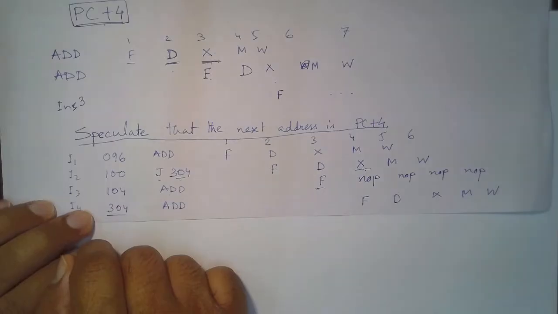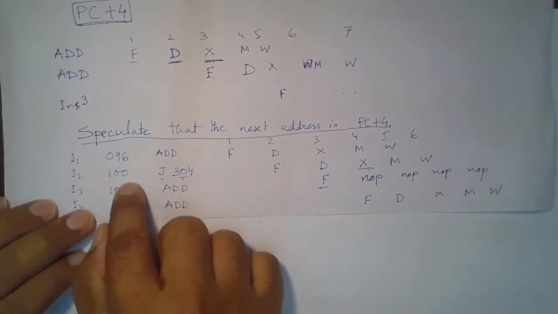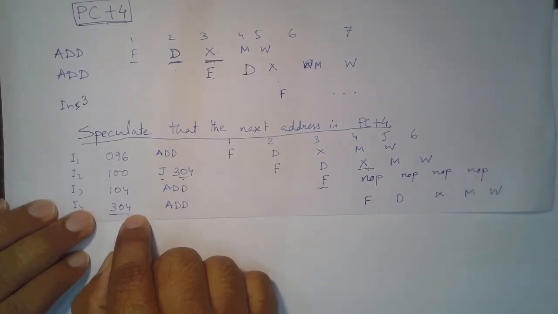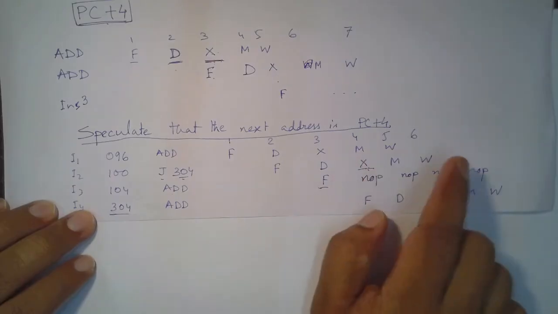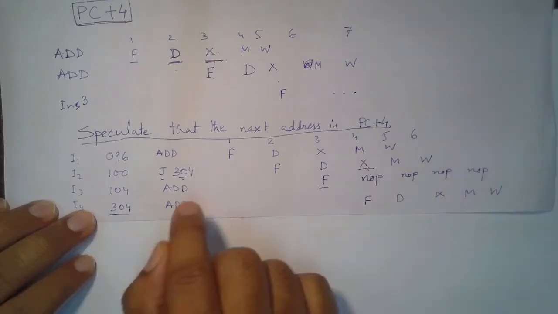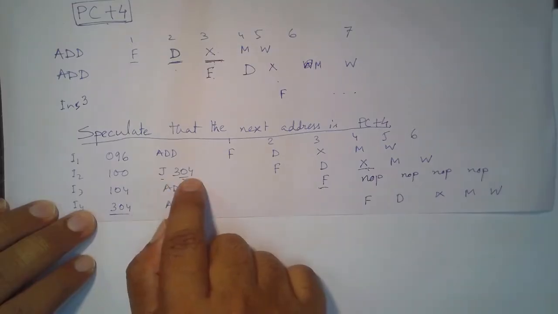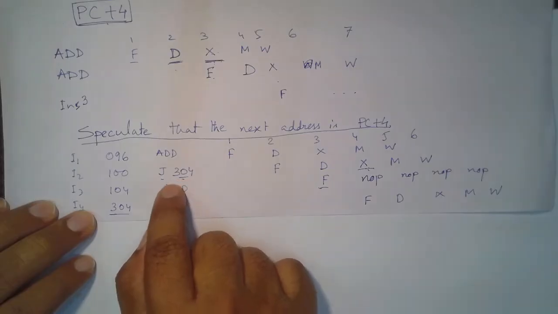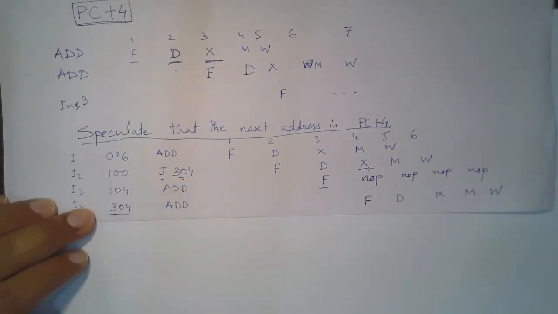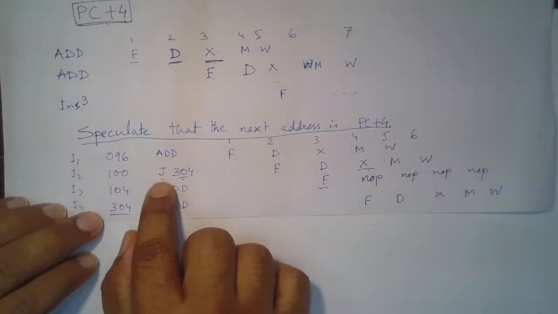So we looked into this example. Let's say these are the different addresses for each of the instructions. There is an add instruction, so we fetch, decode, execute, multiply, and write back. Then we don't know what this next instruction is at this point. Let's say it is a jump or branch instruction. Depending on which ISA you are looking at, it can be a branch instruction, branch to this location.